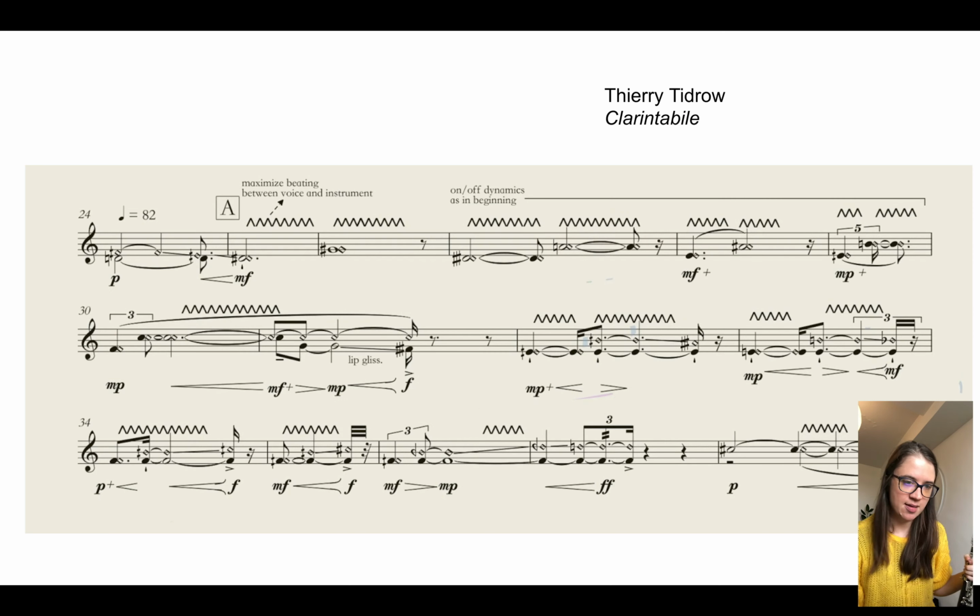Another good one is Canadian composer Thierry Tidrow's Clarinettable. So here at A, you'll see he asks for maximizing the beating between the voice and the instrument.